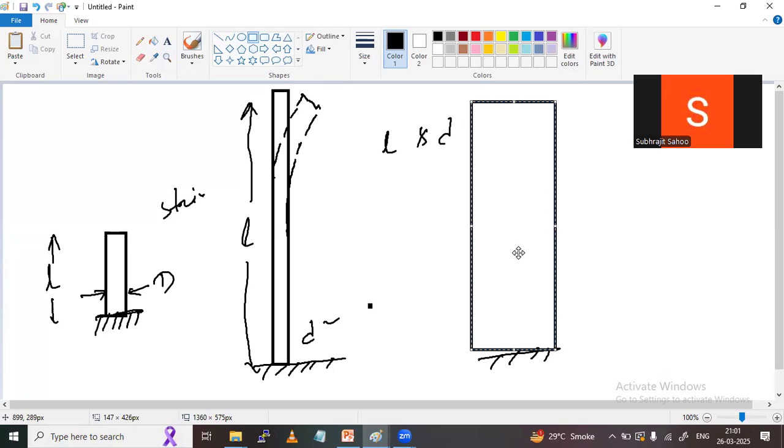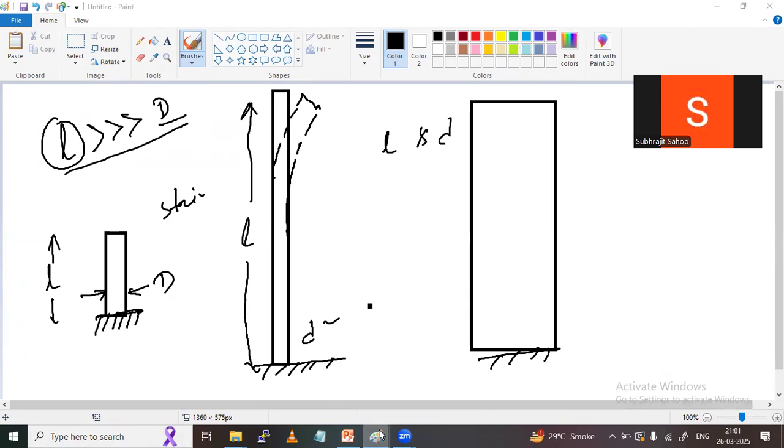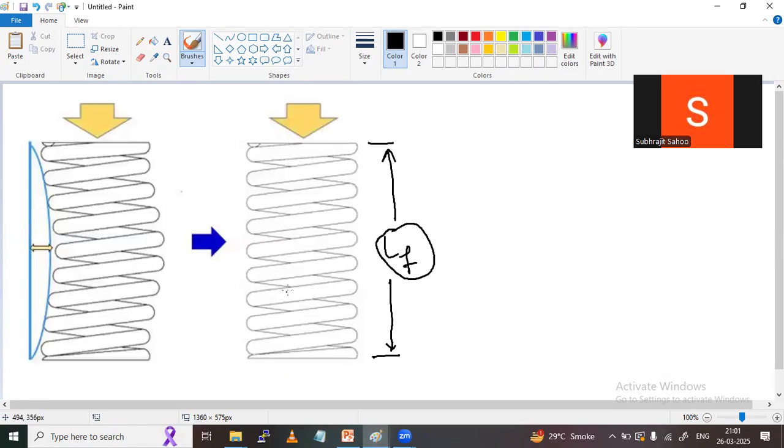So the conclusion from this discussion is what? If the length is very much greater than D, then there is a chance of bending formation. That means we should not neglect the D while considering the length L. In the same manner in the case of a spring also.